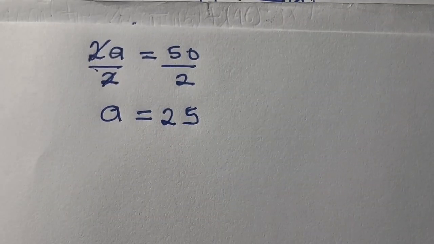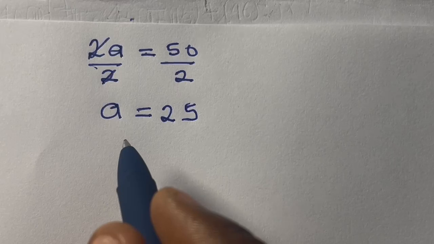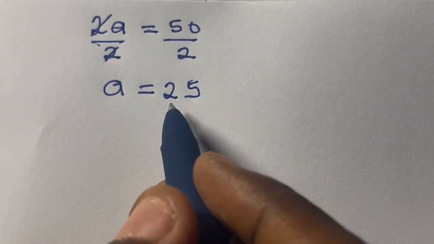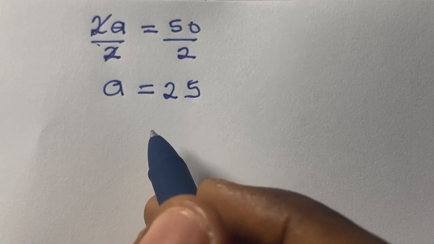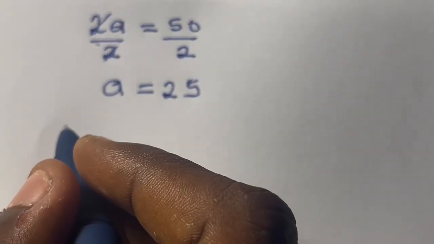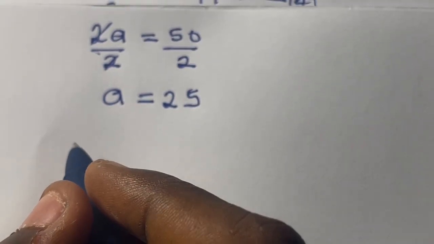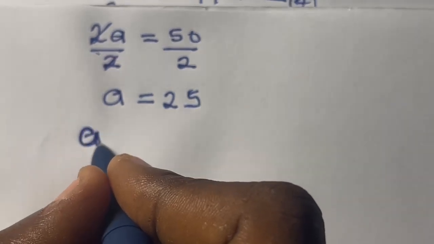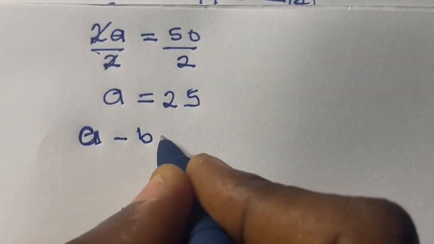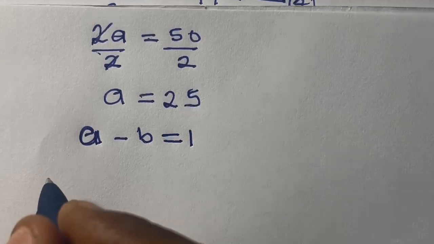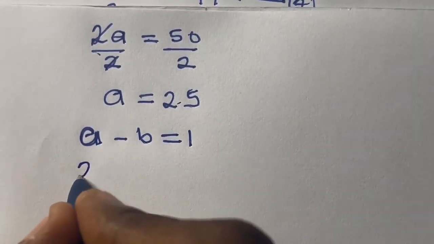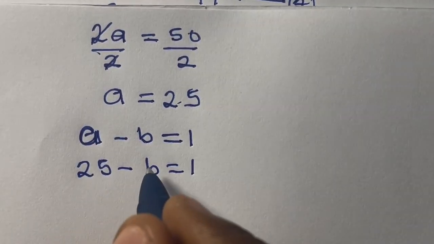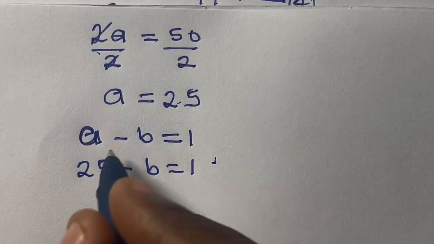Now we can easily substitute a equals 25. Let's just use equation 3: a minus b equals 1. So 25 minus b equals 1. To make b the subject, we transfer b to one side and 1 to the other.